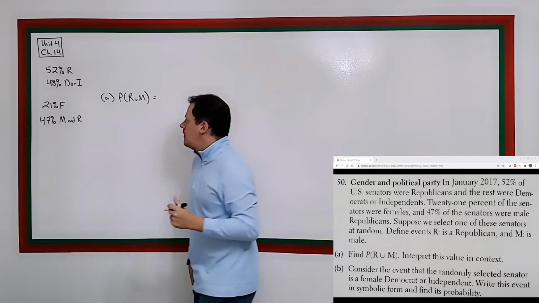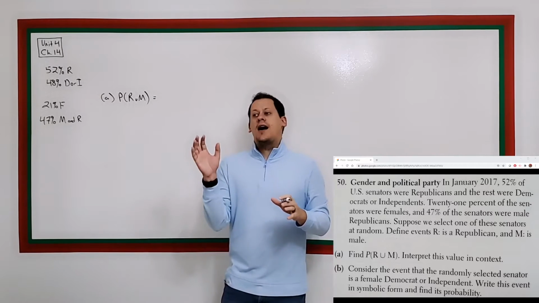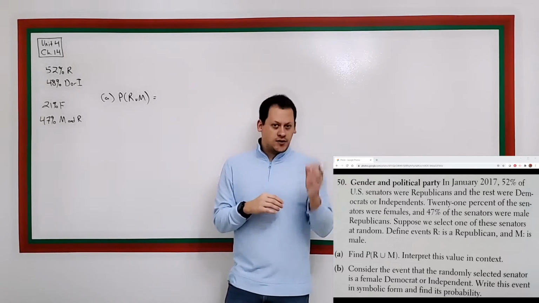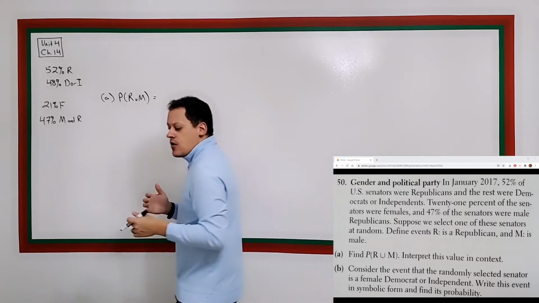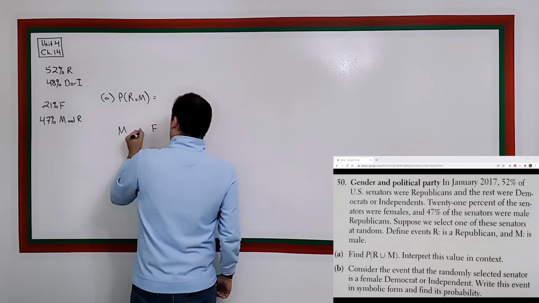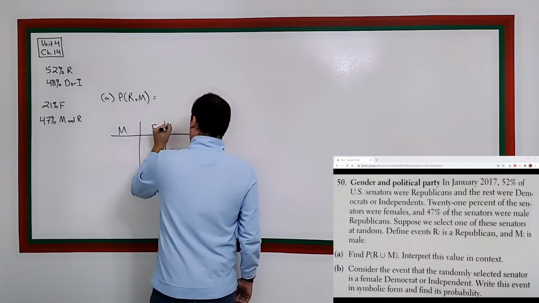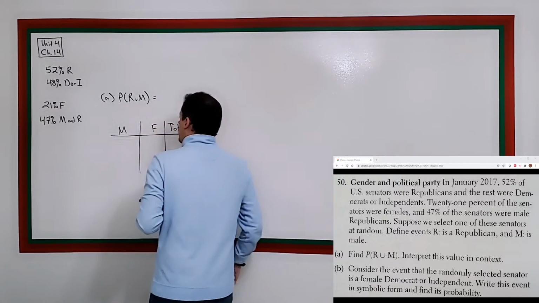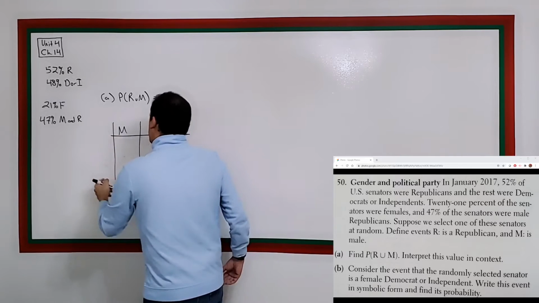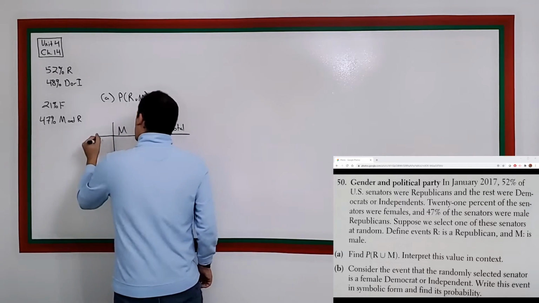For our two-way table, we've got two variables: gender, and political affiliation. I'm going to put gender across the top, and then the political affiliation along the rows here. So we've got Republican.